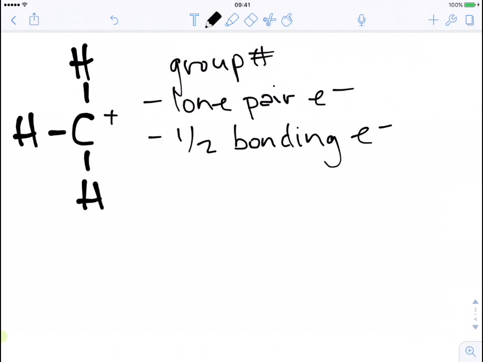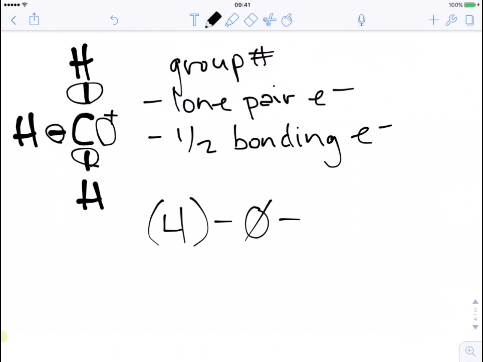So if we want to plug that into the formula, carbon is in group 4. We want to subtract its lone pair electrons, which, as you can see, it has no lone pair electrons, so minus 0. And now it has 2, 4, 6 bonding electrons.